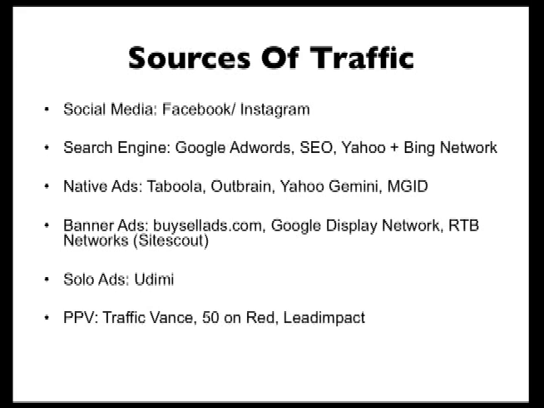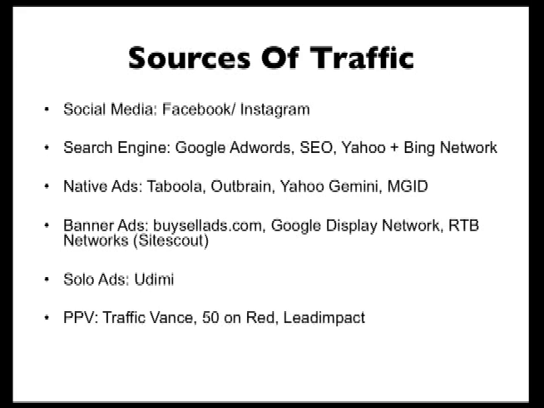The next one is what I call PPV, or pay-per-view. Pay-per-view platforms are things such as Traffic Buns, 50 on Red, or Lead Impact. Now, how Traffic Buns works is, let's say you download a software. In exchange for downloading the software, you are shown ads. But why would anyone want to download software just to see ads?